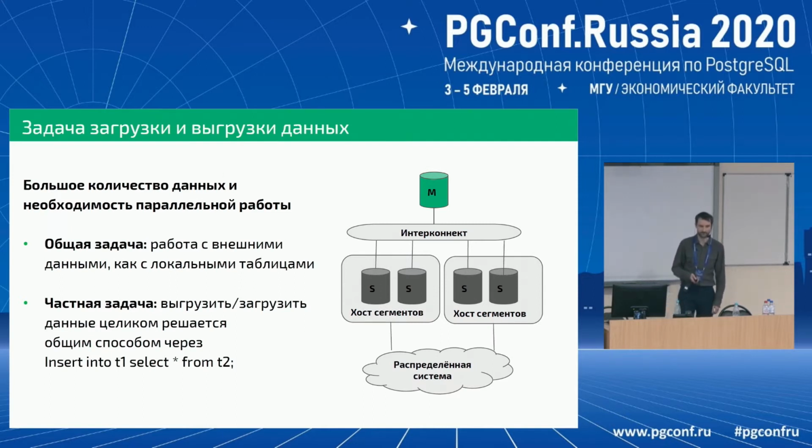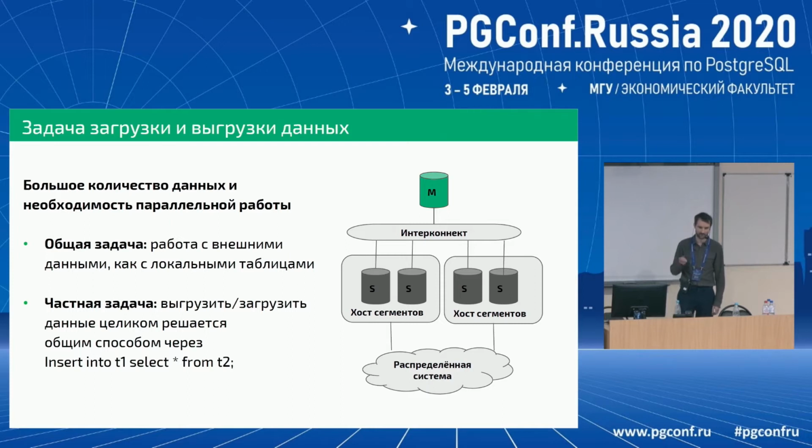As far as this task is concerned, working with external data, there are common tasks, and it is very convenient to work with external systems if you represent them as a table so you can make standard queries.